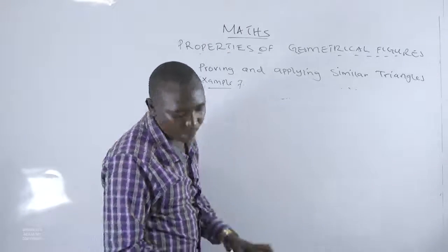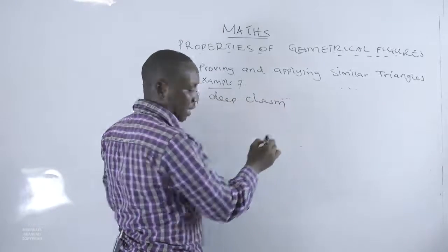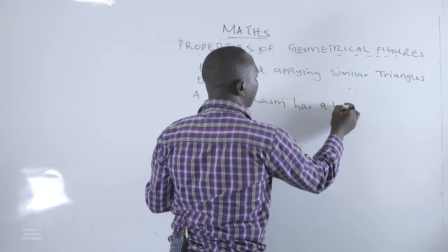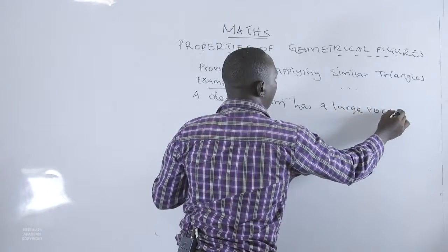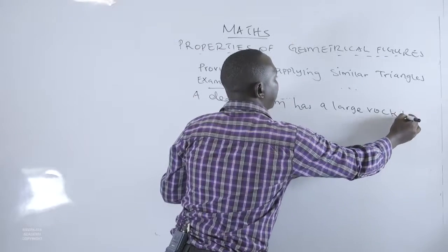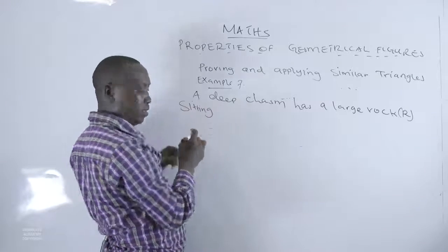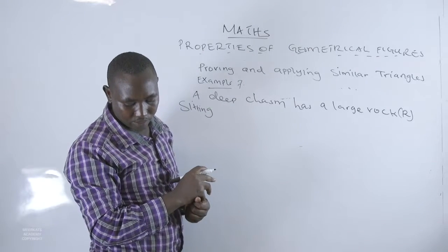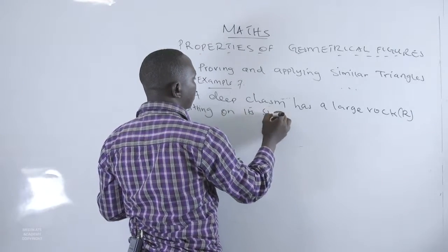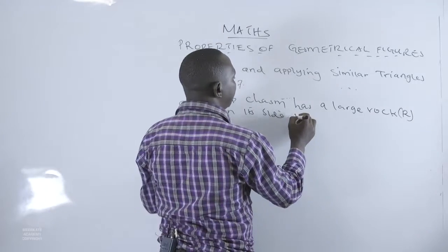We are told that a deep chasm has a very large rock sitting on its side. Find the width of the chasm.